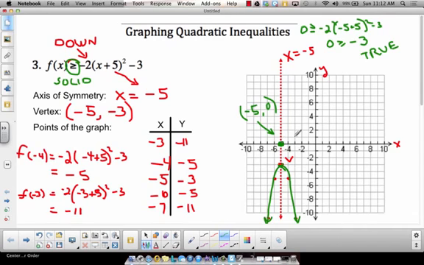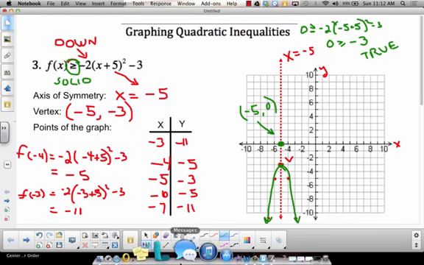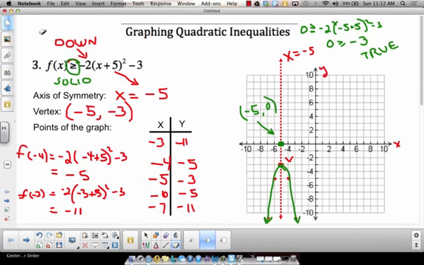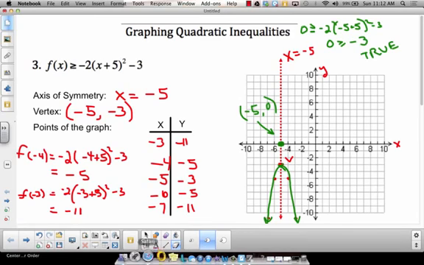I substituted that point into the inequality that I received in the beginning, and I came out with this point makes this statement true. That means any point that's on that same side of that parabola is also true.